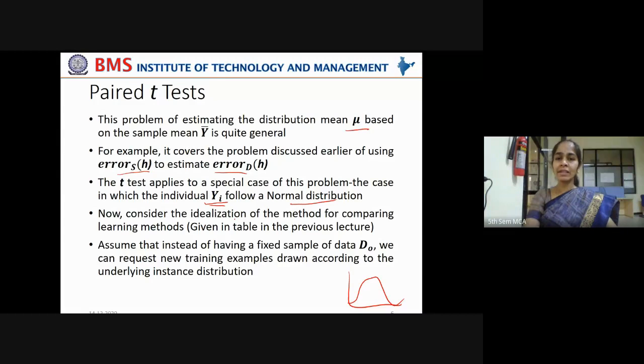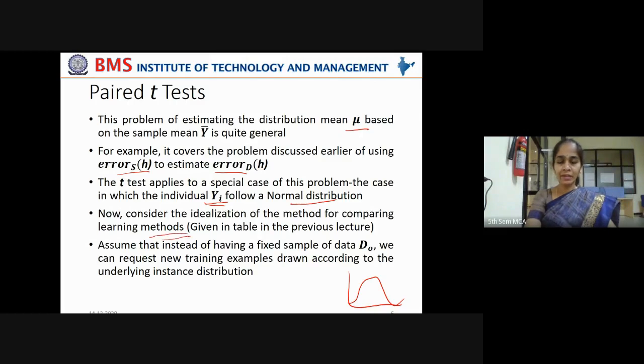Now consider the idealization of the method for comparing learning algorithms given in the table in the previous lecture. You remember, in the previous lecture, the method for comparing learning algorithms: divide the data set into k partitions, take one partition as the test set and k minus 1 partitions for training. We have that procedure, right?